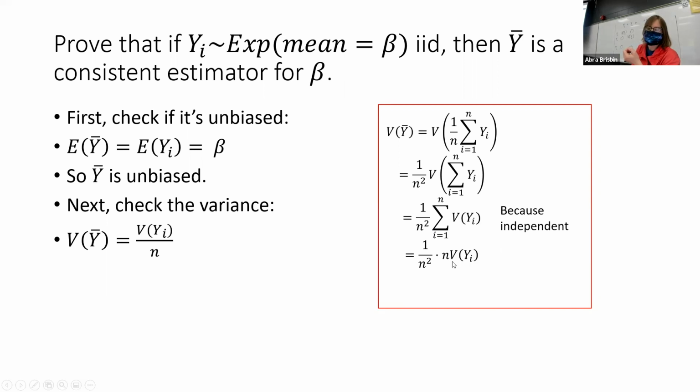And then we can cancel an n with one of the n's from the n squared here. So we get that the variance of y bar is the variance of y sub i divided by the sample size n. So this is not exclusive to the exponential distribution. The only things we used in this proof in the red box are that the y sub i's have the same variance and are independent.